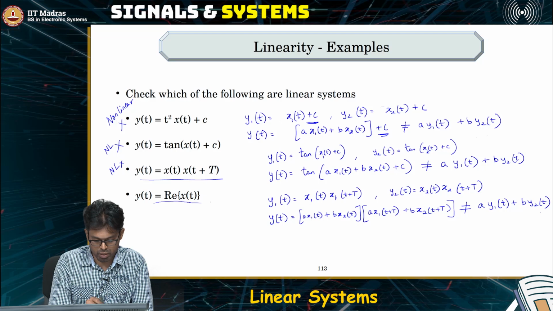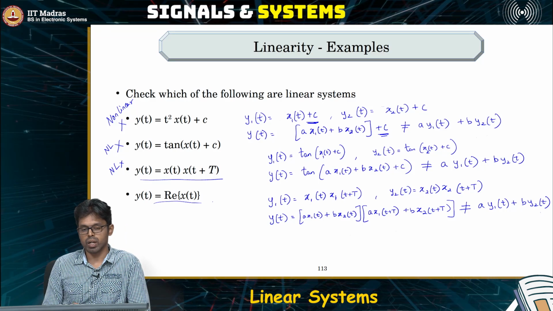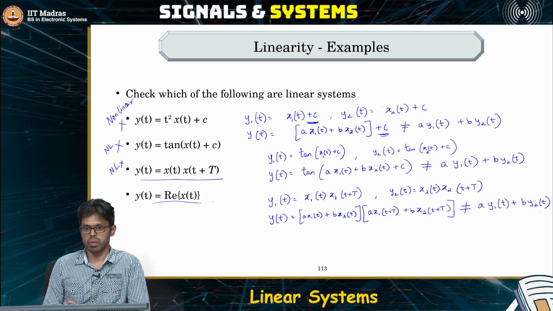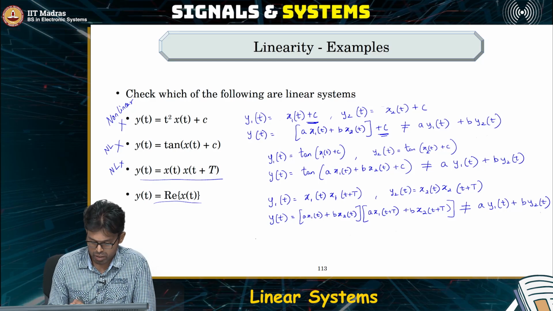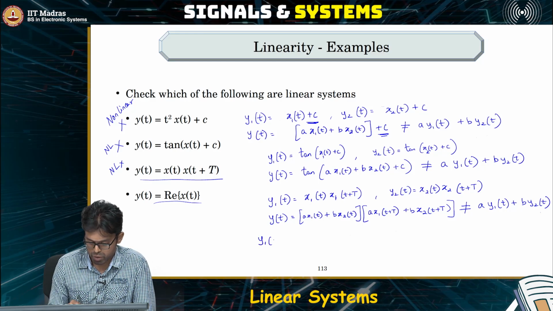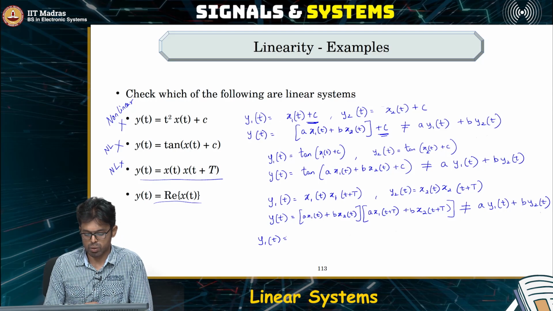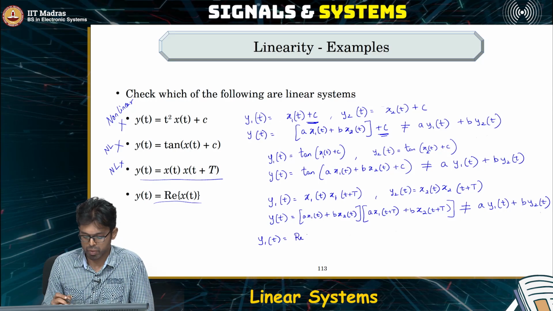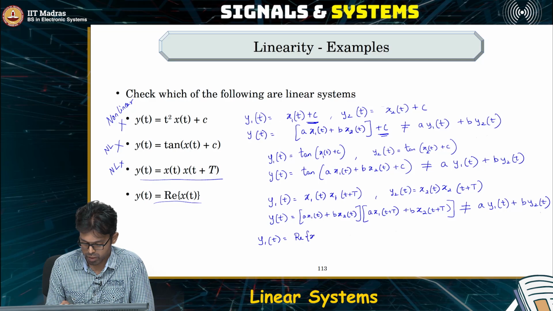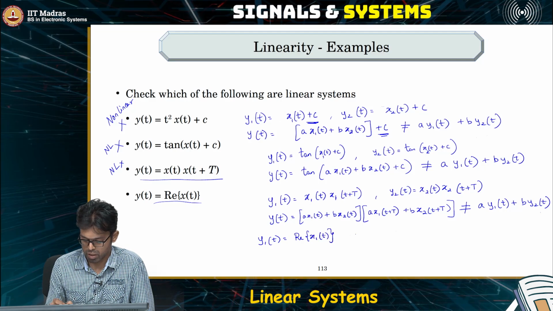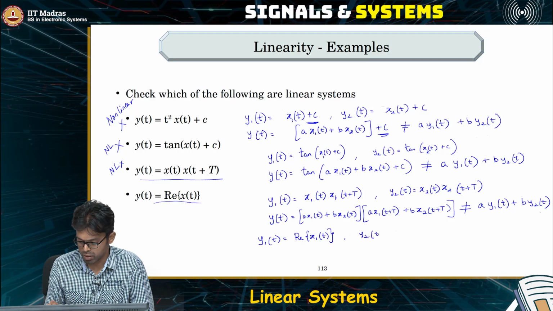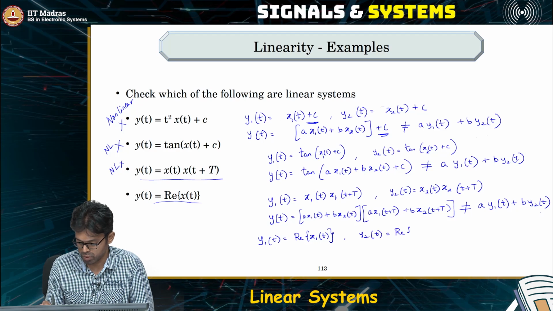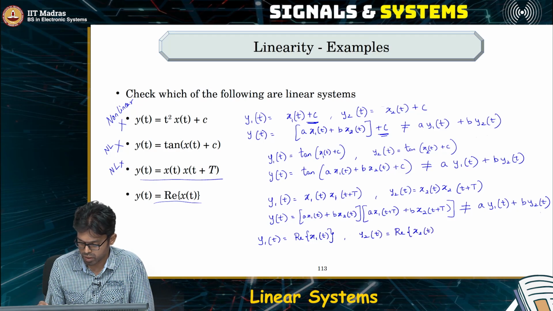What about the final setup? This is a tricky question. When you look at it, it appears as if it is a linear system, but actually it is not. So let us see what happens. y1 of t is equal to the real part of x1 of t, y2 of t is equal to the real part of x2 of t.